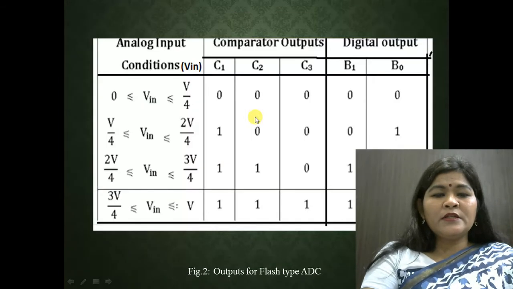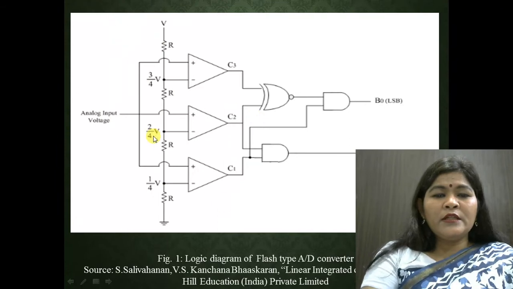As you can see in this circuitry, this is the combination of the comparators. Here are three comparators. This is the reference voltage V, and this is the analog input voltage Vin.